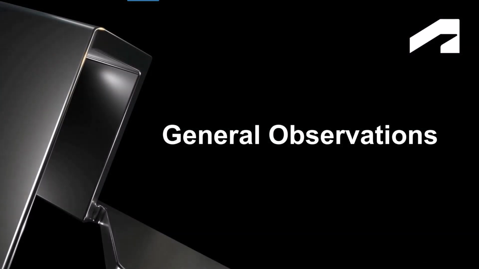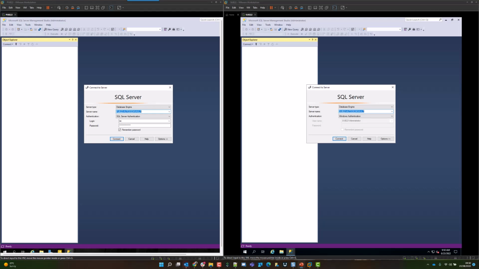So general observations. What I'm going to do is walk you through the two machines that I've got. Over on the left, we have our first SQL server. This is called Pub22. And over on the right, I've got a second SQL server. That's called Sub 2022.